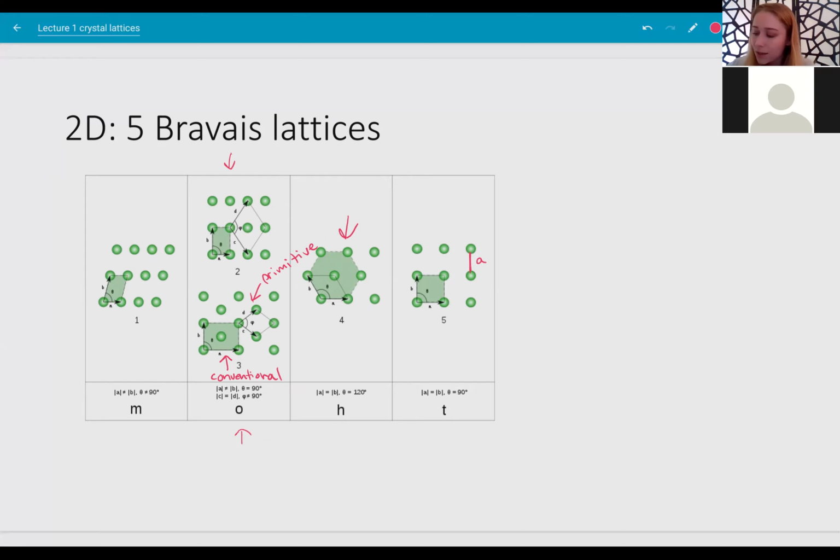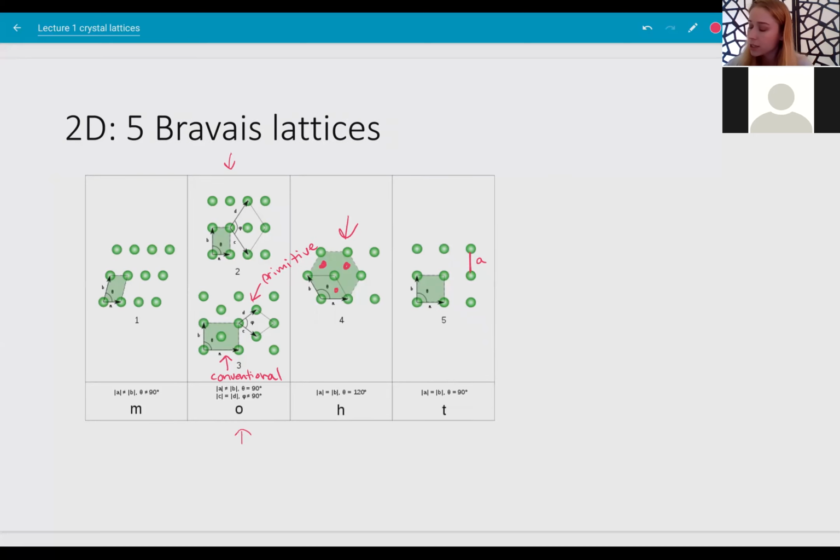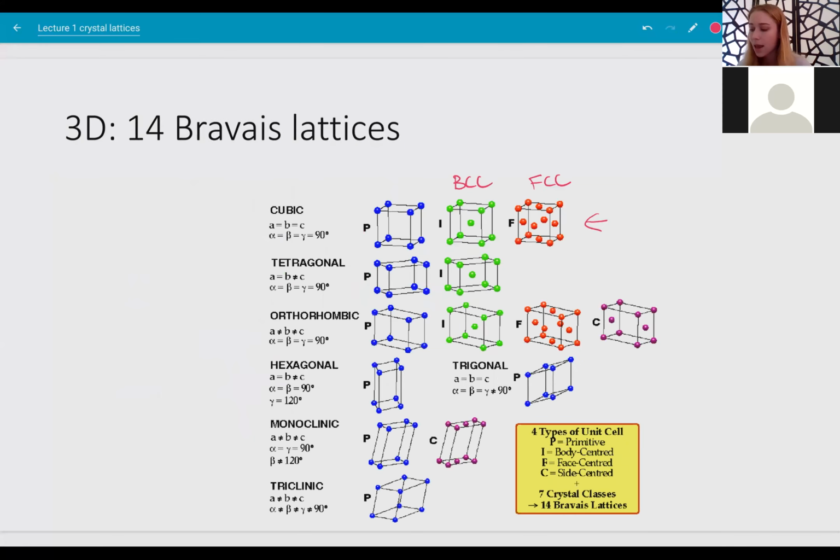The next layer will most comfortably sit, for example, like this. And then you do this over and over again, putting every next layer into the lowest point between 3 atoms in the layer below, and that gives you a close-packed structure. So the FCC structure, if you slice it along the diagonal, is actually a close-packed structure. It consists of layers just like this, stacked in a specific way.